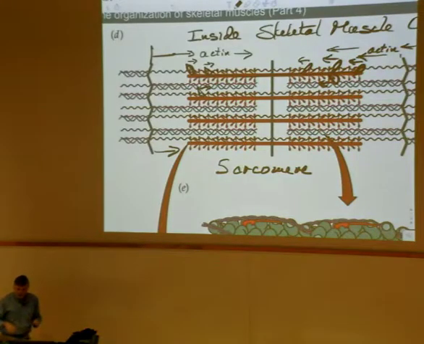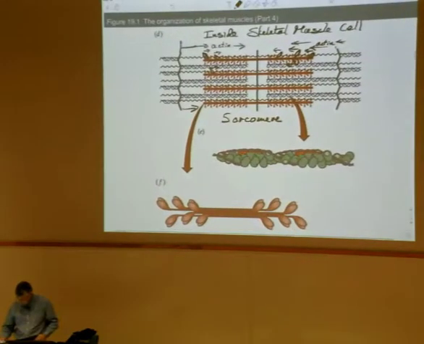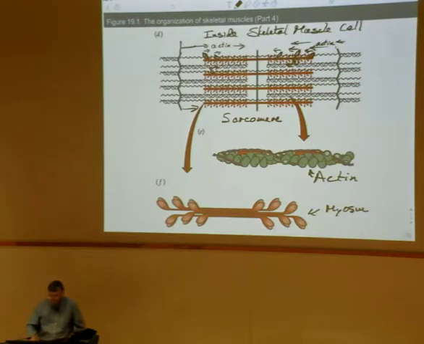Okay? Run through that with your neighbor just for a moment. Tell your neighbor what would happen if you had half as many myosin molecules, half as many myosins.